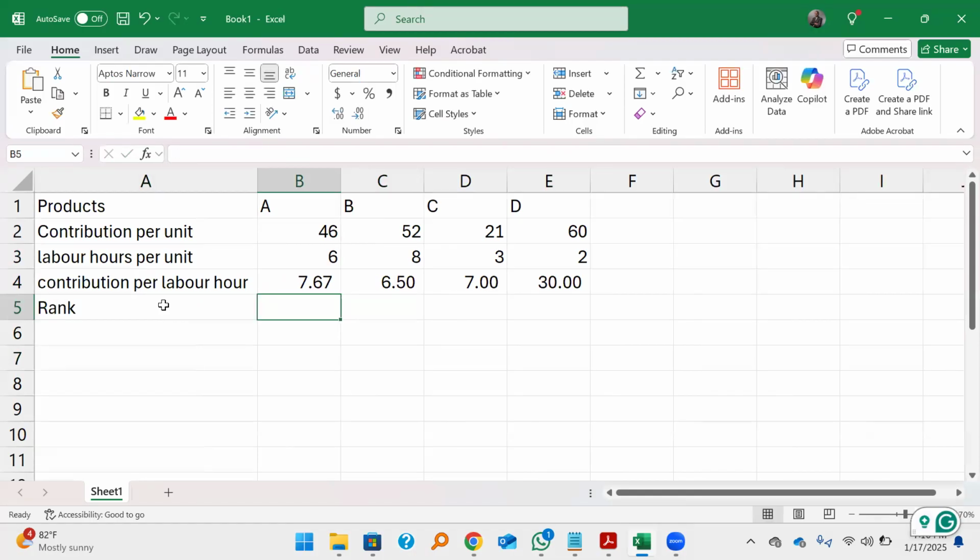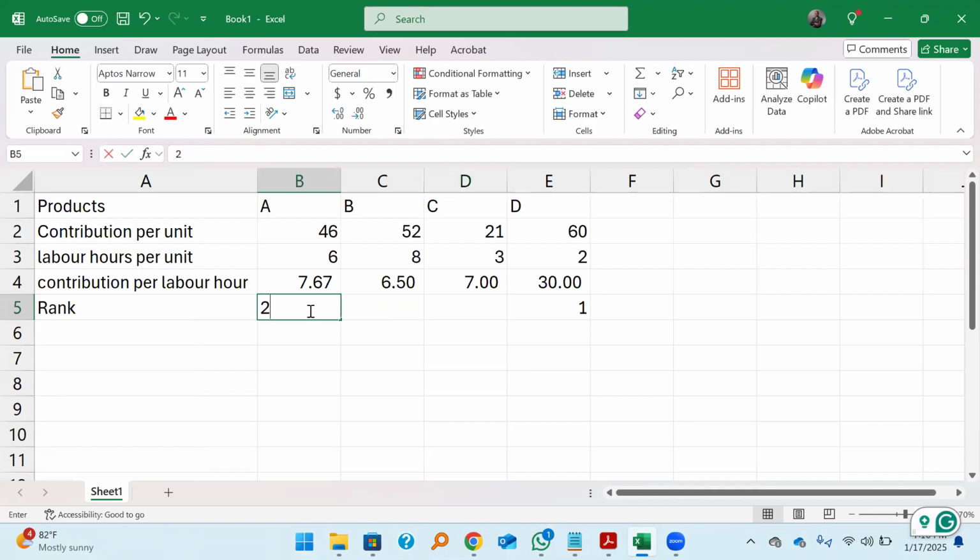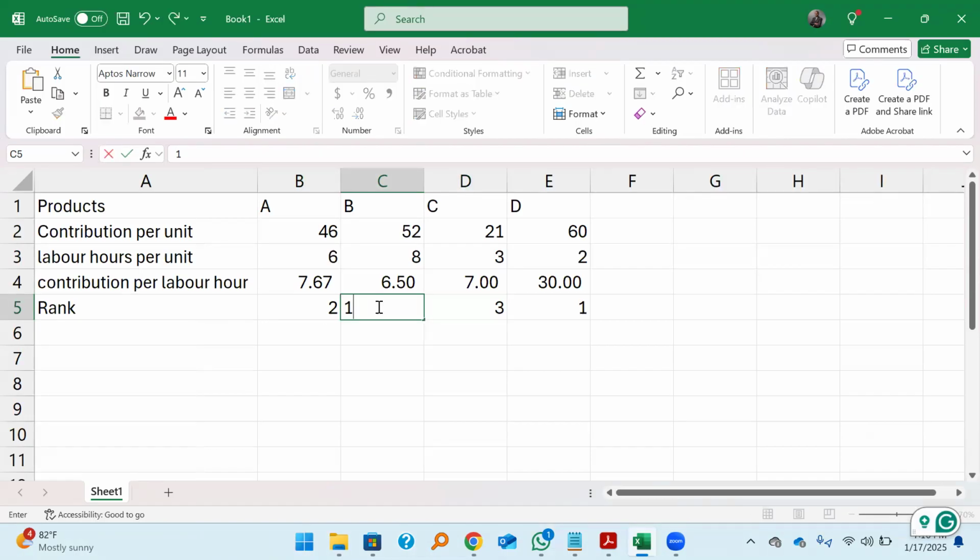Now the ranking should go to the highest contribution per labor hour, which in this case means that the first one should be D. This should be number 1, followed by A, followed by C, and B comes last.